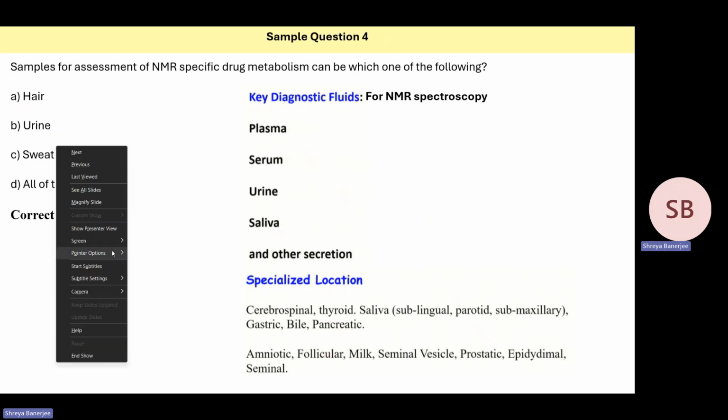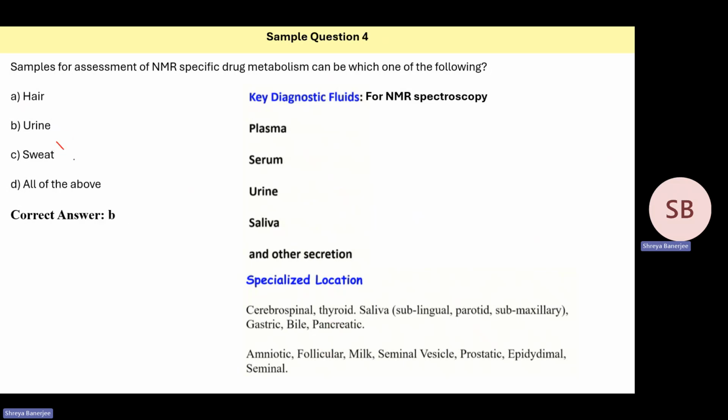But sweat is not applicable because sweat is just a release of water and some salts from the body. You cannot detect any of the drug metabolites in sweat. Same for hair. Hair is just made up of keratin. The drugs are in your bloodstream, that is carried out through your urine. So the correct answer is urine, that is B.